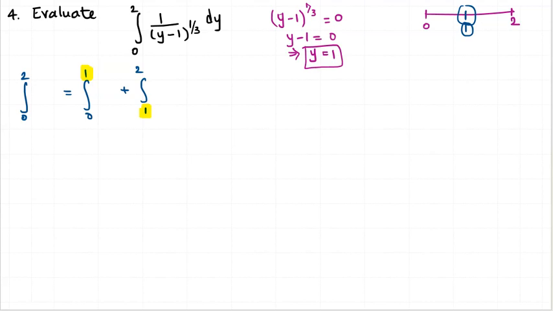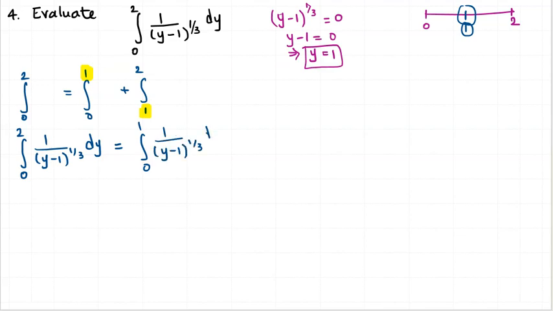So our question now becomes, if we rewrite it as integral 0 to 2, 1 over (y minus 1) to the power 1 over 3 dy, equals integral 0 to 1, 1 over (y minus 1) to the power 1 over 3 dy, plus integral 1 to 2, 1 over (y minus 1) to the power 1 over 3 dy.